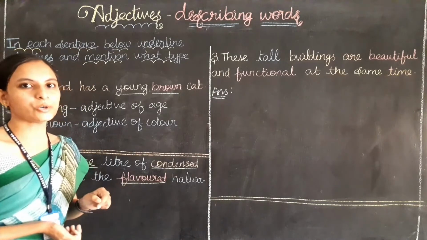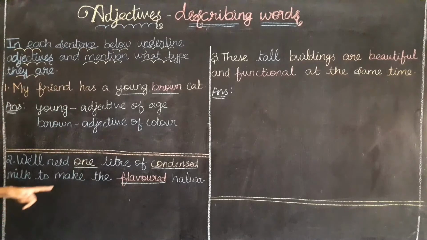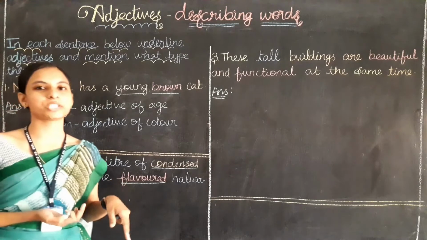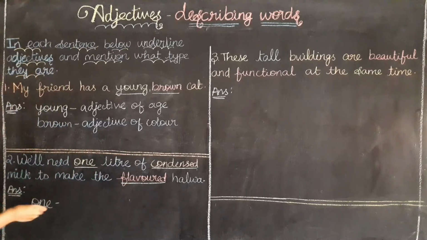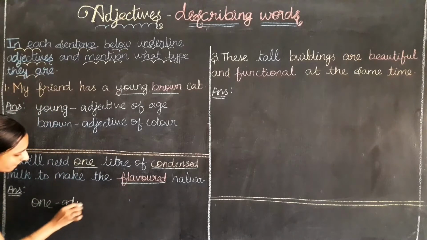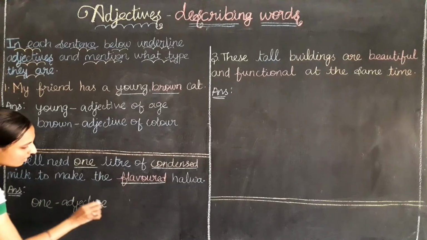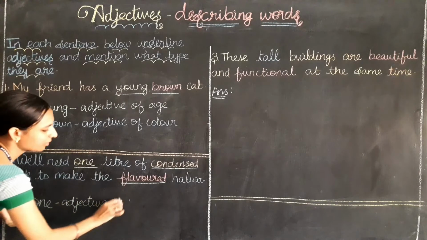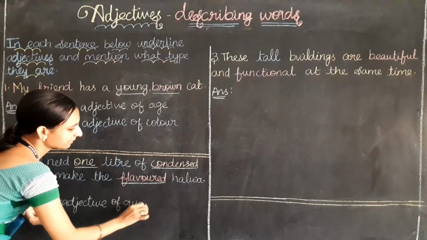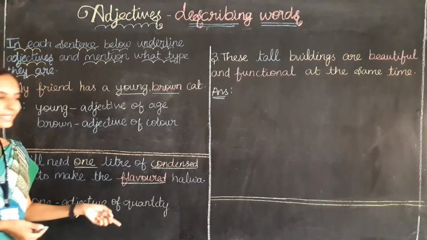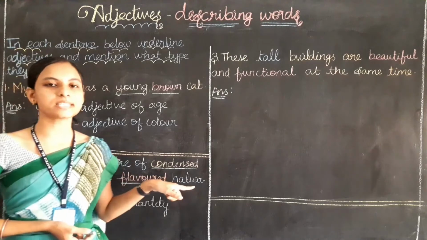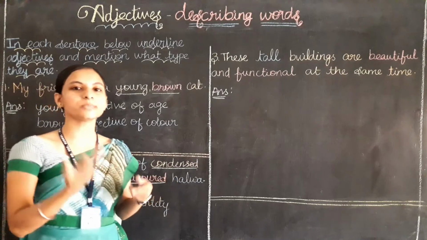adjective. Okay, so let me write the answer first. That is one. One means what, children? Which kind of adjective is it? Is it talking about quantity, right? So then adjective of quantity. This is adjective of quantity. And what about this condensed? Condensed means what?